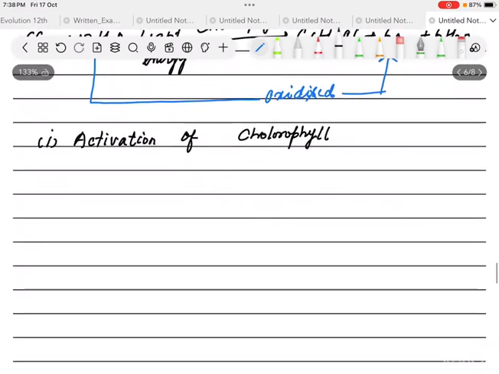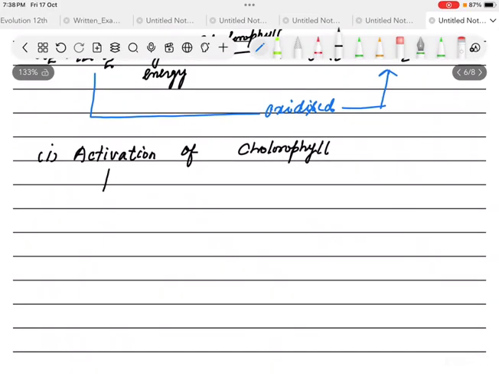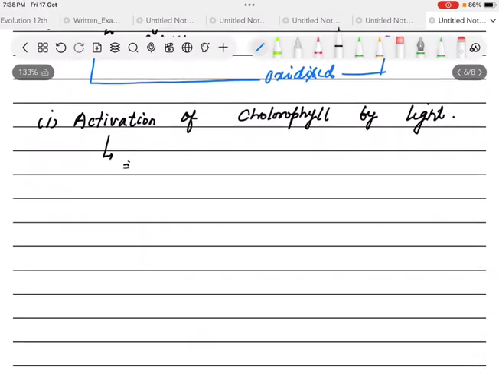Fine. And the different steps involved in light reaction: the first one is the activation of chlorophyll. When light comes, it activates chlorophyll. Fine. Chlorophyll is activated by light. Once the chlorophyll is activated, what does chlorophyll do? It releases energy in the form of ATP.